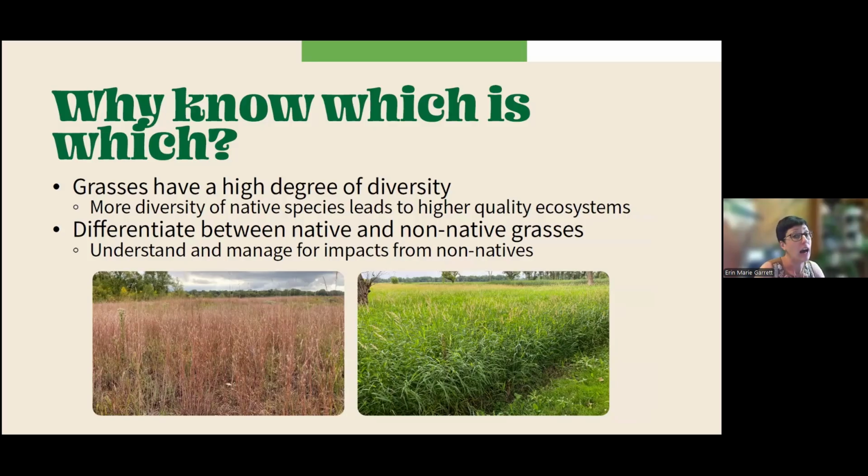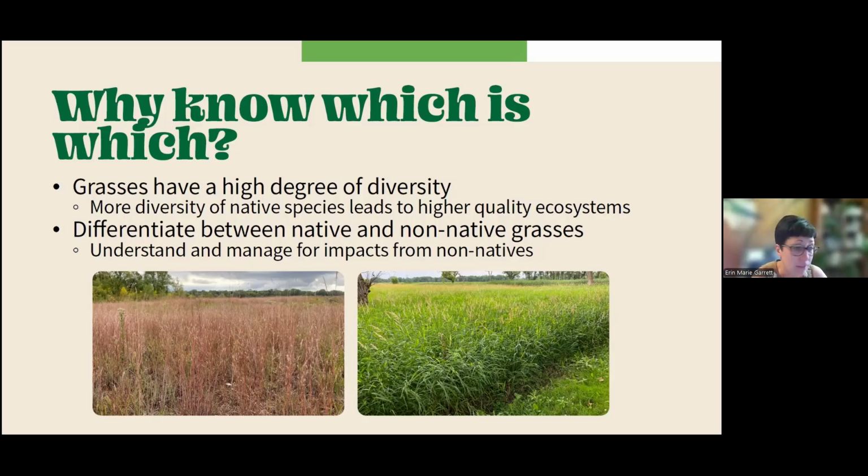If we have a higher degree of diversity of native grasses, we're going to have a more robust, higher quality ecosystem. So it's always good to know what you have out there, what's missing, if you're doing restoration work, right? Like putting in multiple grasses rather than just one species, understanding that nuance is really important.